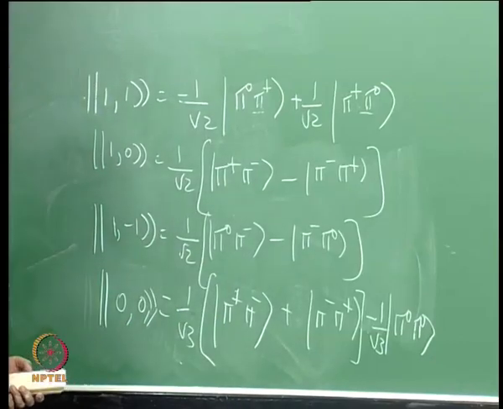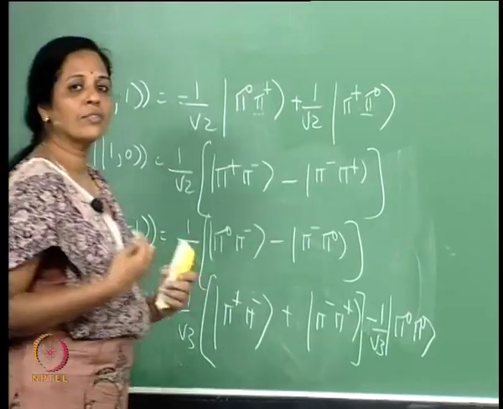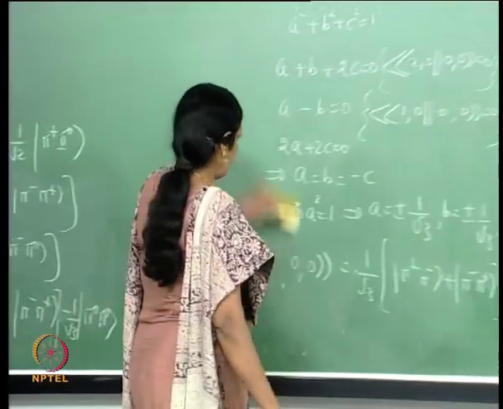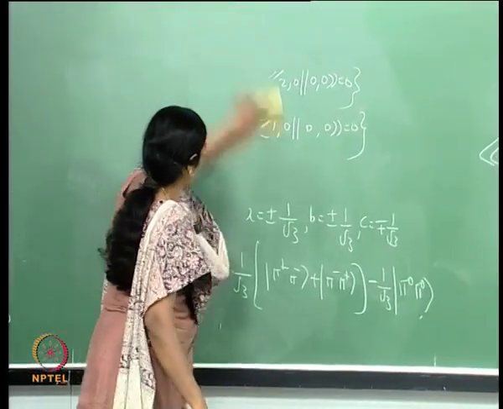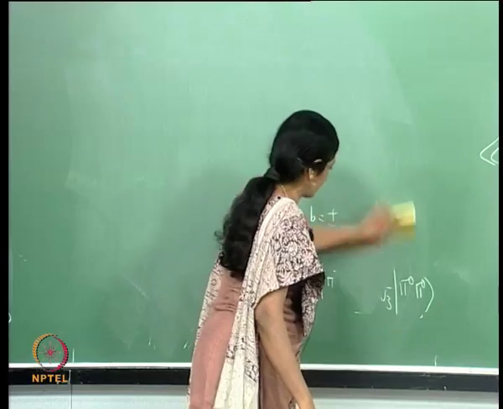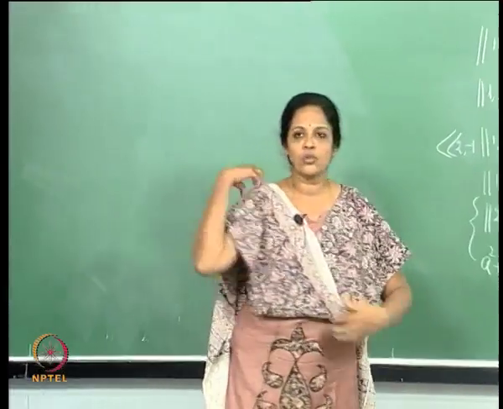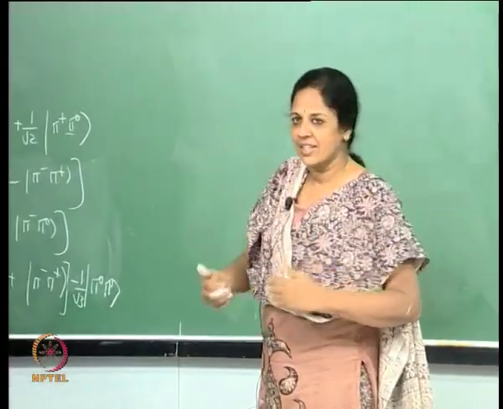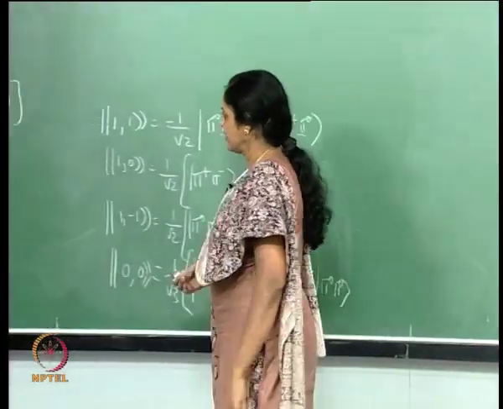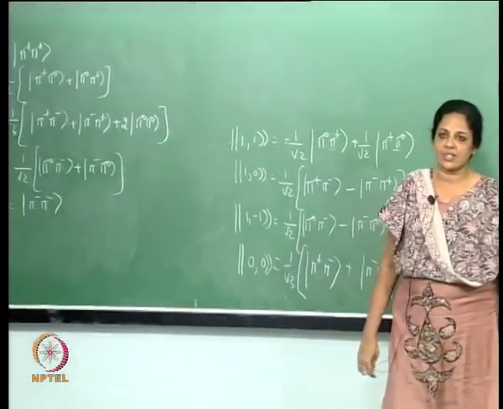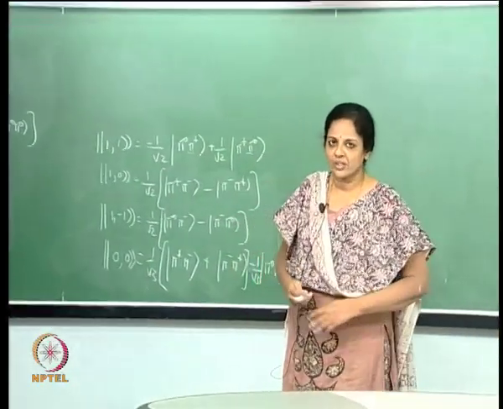I have now listed out all the states and now we have the following observations to make. The first observation is this: the stretched case, that means 2 comma 2, 2 comma minus 2 and anything else in that multiplet turn out to be symmetric states under interchange of the isospin labels.